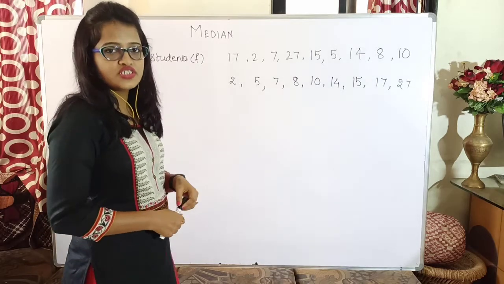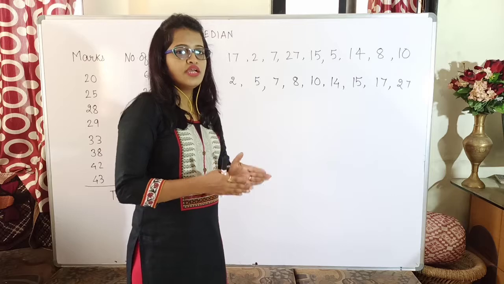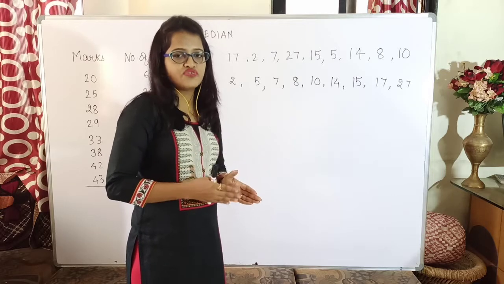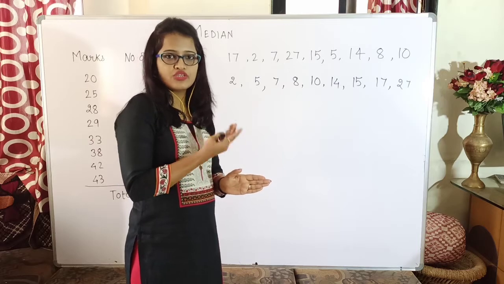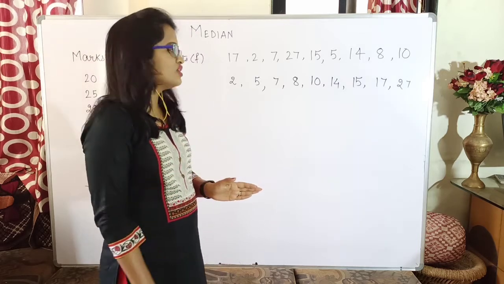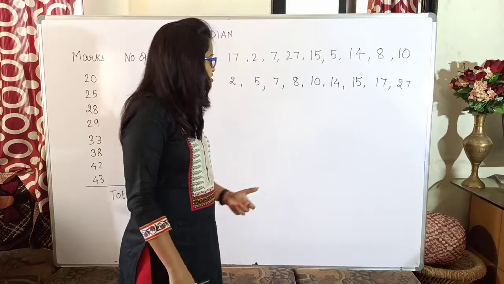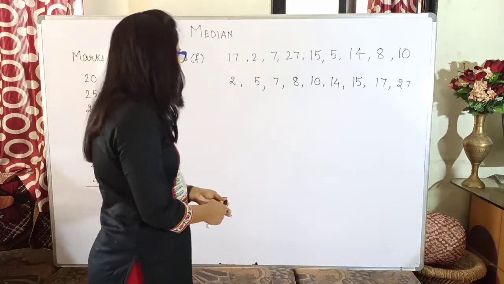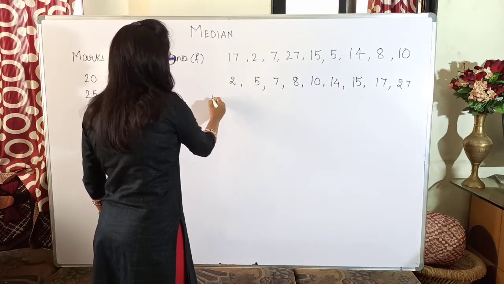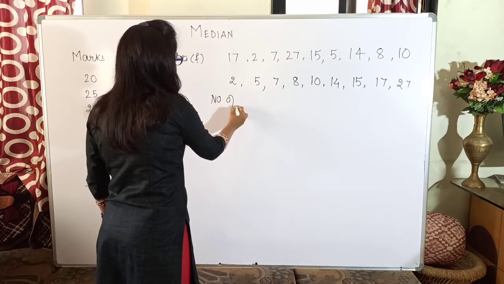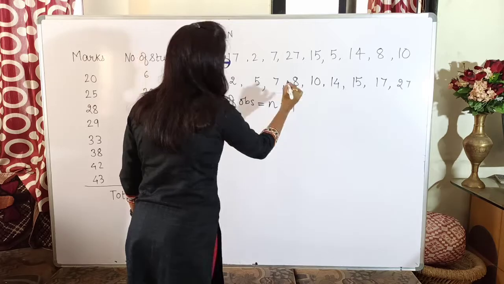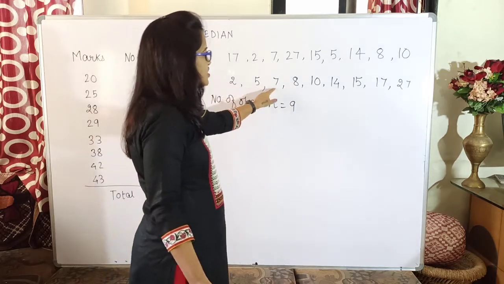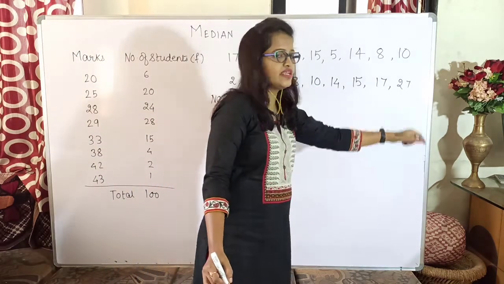Now what next? How do I find which is the median value? I have just told you median is the central most value, so 50% of observations should be below that value and 50% should be above that value. How many observations are there? If I represent the number of observations by n, they are 9: 1, 2, 3, 4, 5, 6, 7, 8, 9.